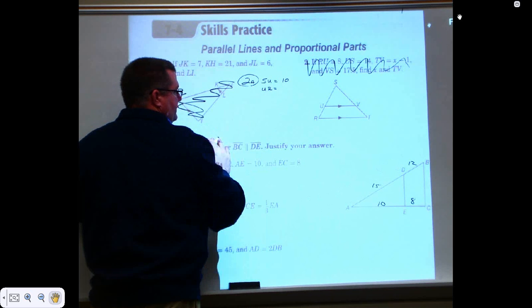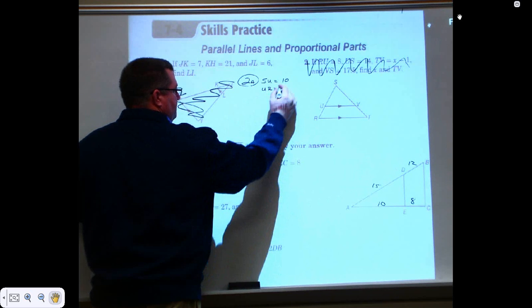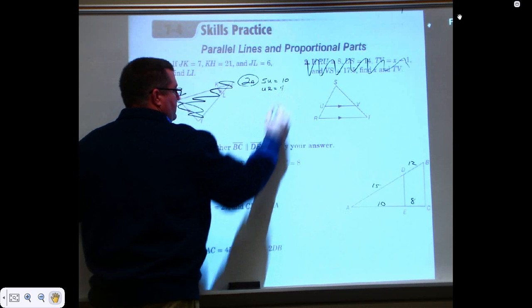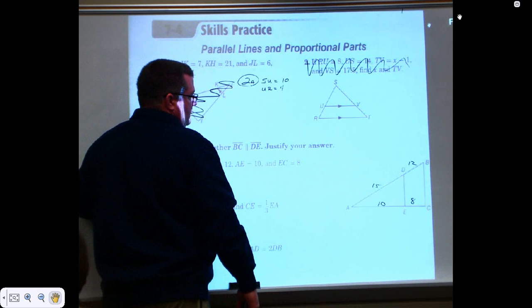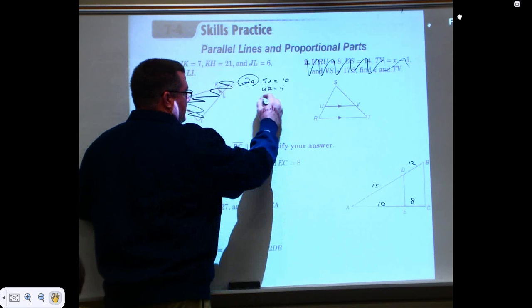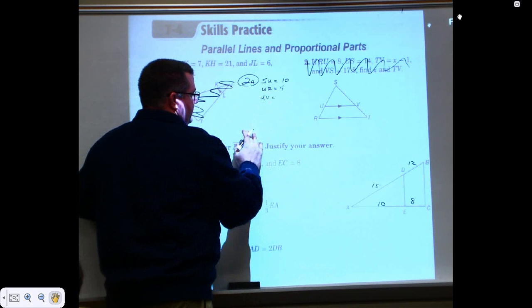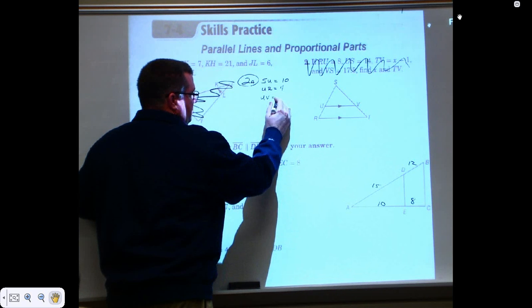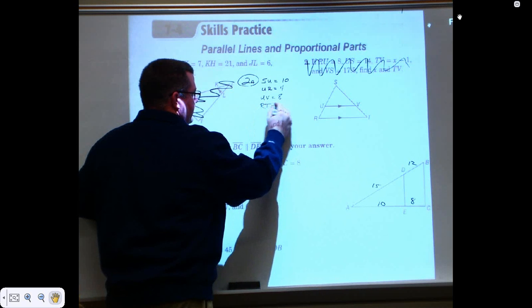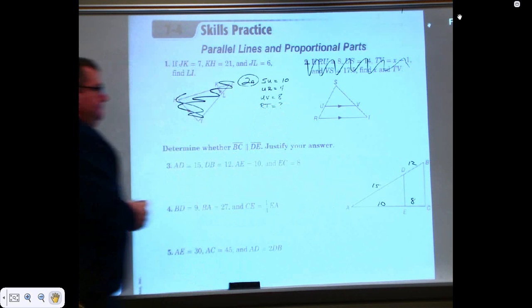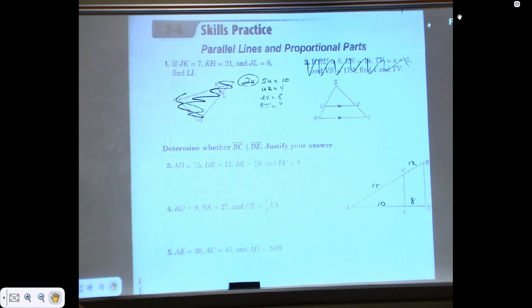UR is equal to 4. UV is equal to 8. What is RT equal to?